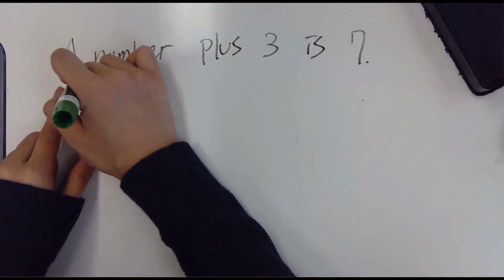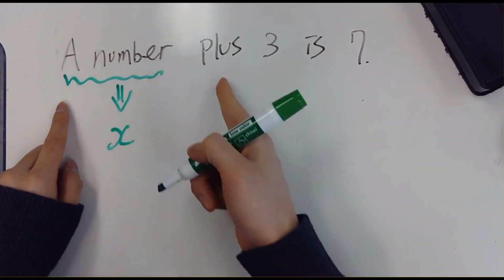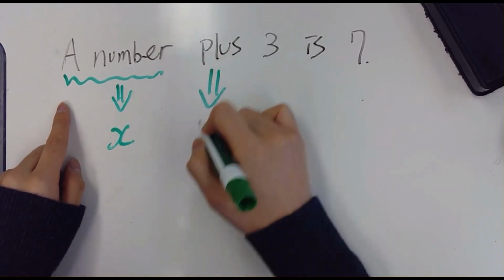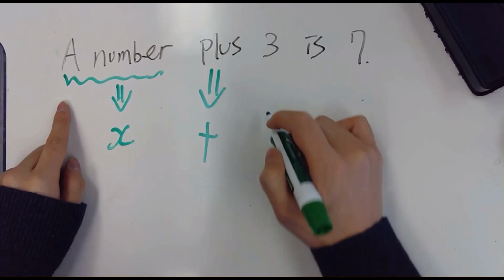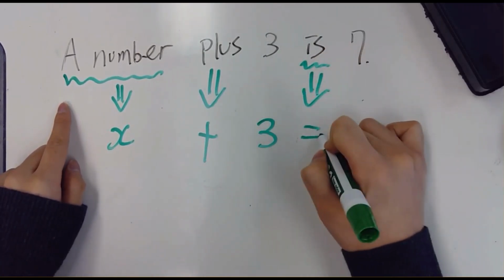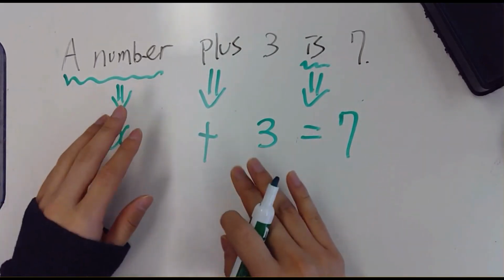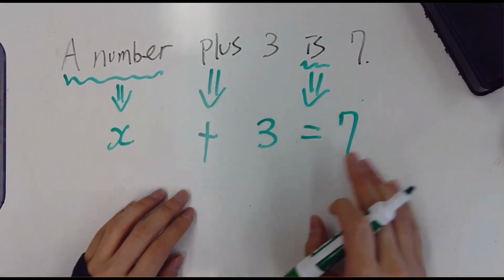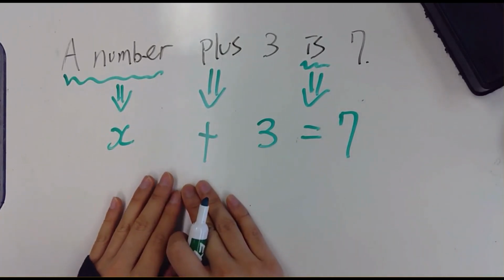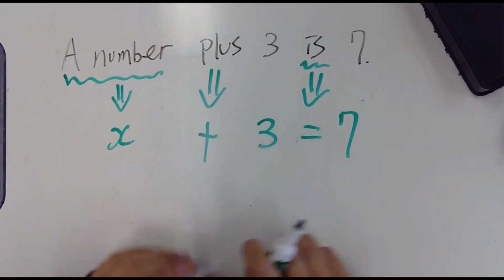We have just learned that a number can be translated as x, plus is plus, 3 is 3, and is means equals, and then 7. So a number plus 3 is 7 can simply be translated to x plus 3 is equal to 7.